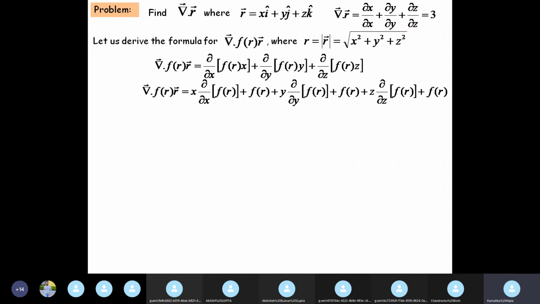So divergence of f(r) r vector. First we take this term, and if you differentiate it by parts, you take x out and you have del del x of f(r), and if you take f(r) out, you are left with del x, which is 1. So you get two terms from this first term: one is x del del x of f(r) plus f(r).